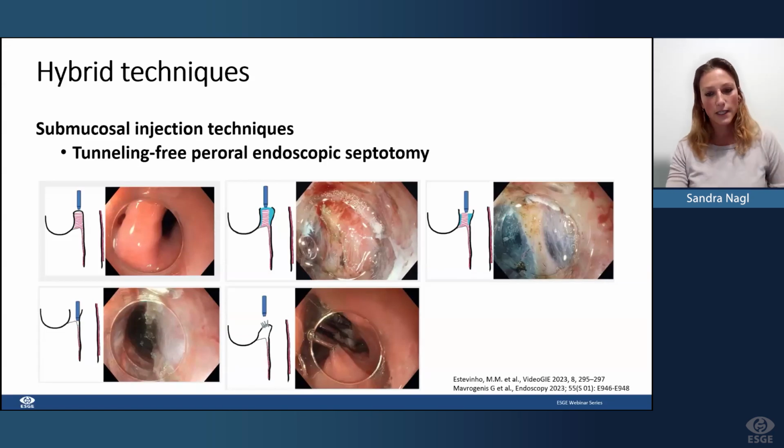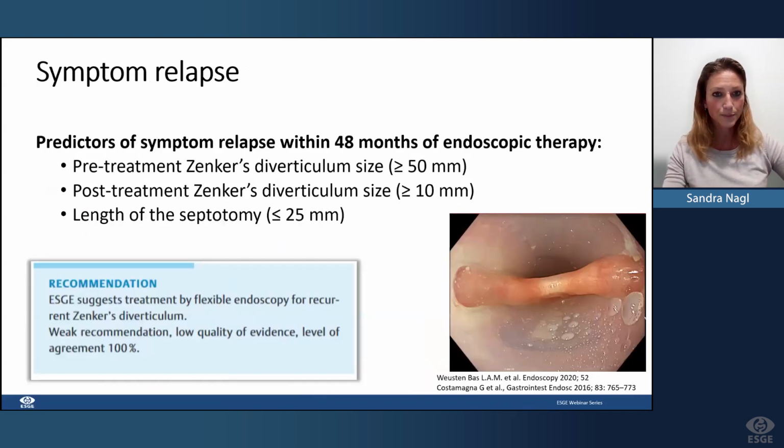One hybrid technique is, as Jan already mentioned, the septotomy with mucosal flap incision. Another hybrid technique is a tunneling-free parallel endoscopic septotomy, meaning that you start with a mucosal incision, then you inject the submucosal space on both sides of the septum, but you do not perform a submucosal tunneling. You just use it as a cushion during the myotomy of the cricopharyngeal muscle.